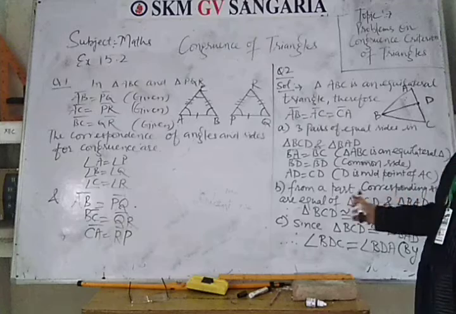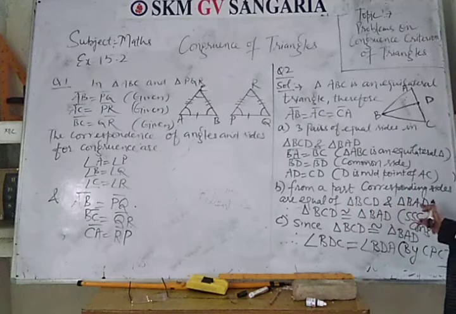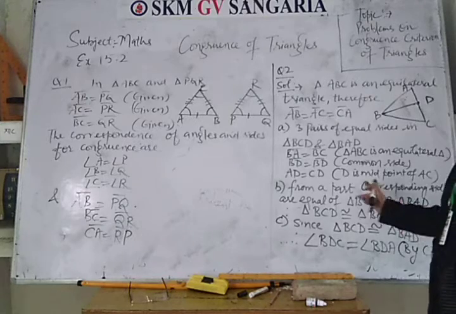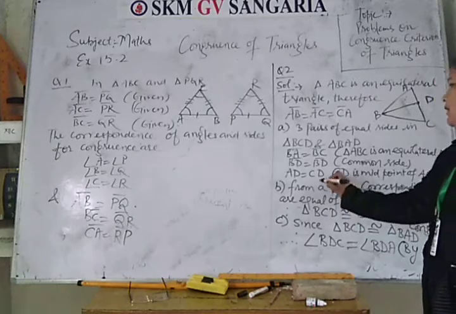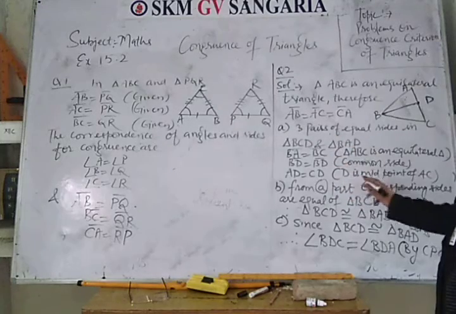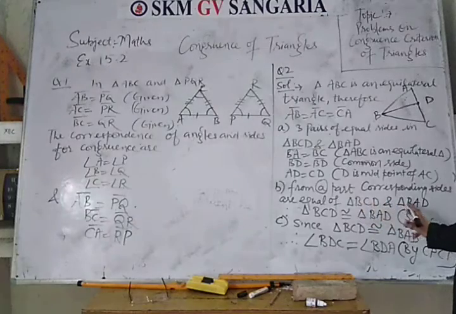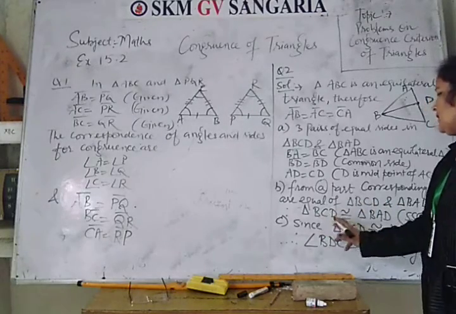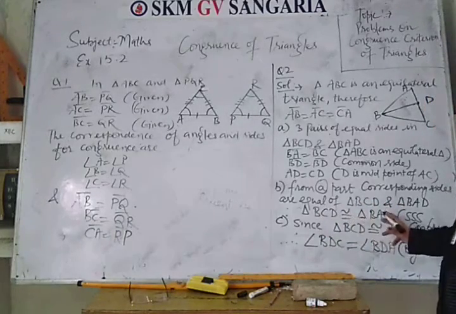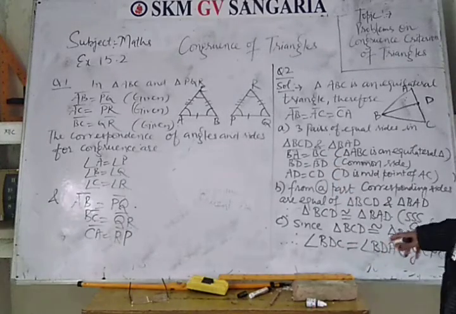So triangle BCD and triangle BAD, from part A, the corresponding sides are equal. So triangle BCD is congruent to triangle BAD because all the three corresponding sides are equal.